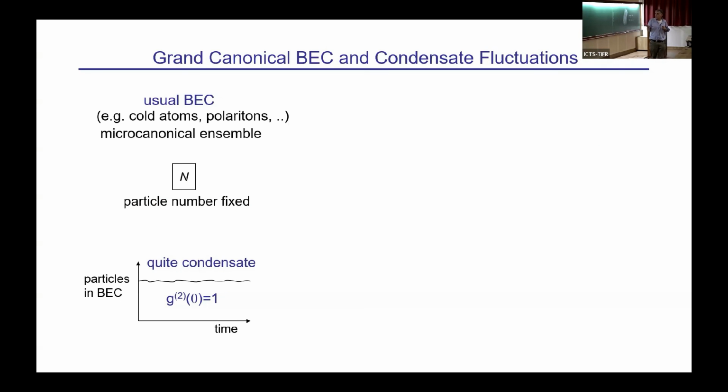Okay, next it turns out that in this coupled dye microcavity system, one has quite different fluctuation properties and can have a grand canonical BEC. Usual BECs one can understand very well in the microcanonical or in the canonical ensemble, where the particle number is fixed.